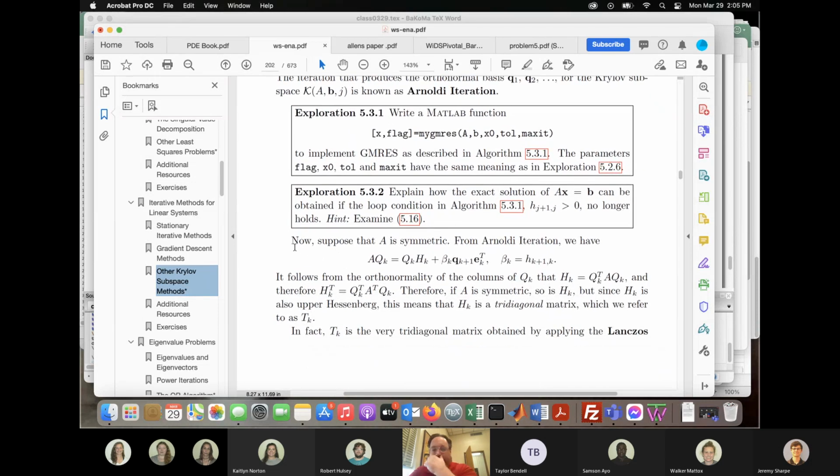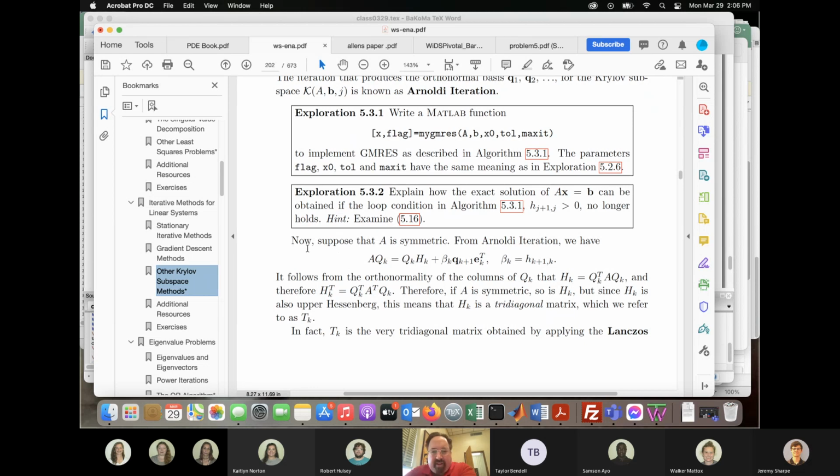So when h_{j+1,j} is 0, then it means that the matrix is now a square matrix, no longer n by n, right?